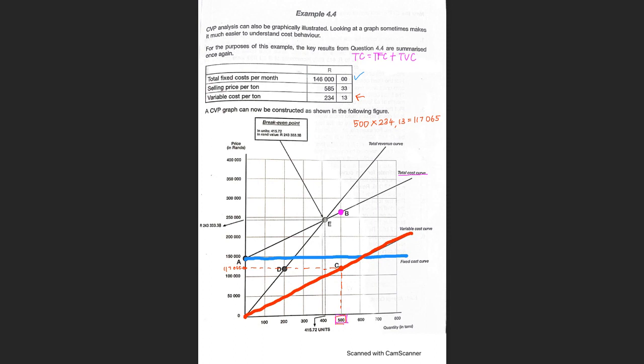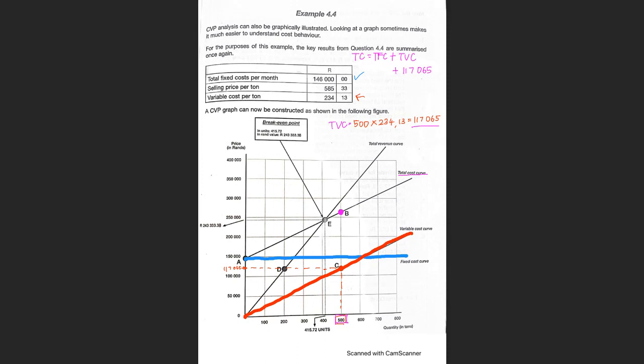When we calculated at point C, the total variable cost was 500 units at 234.13 each, which gave us a total variable cost of 117,065. The same 500 units at 234.13 give us 117,065.